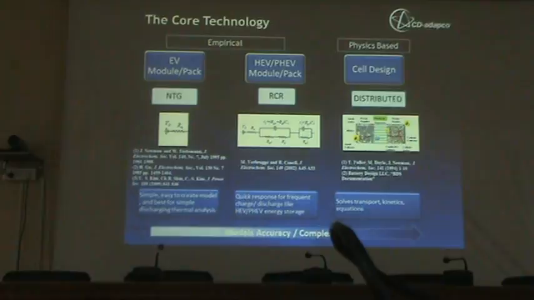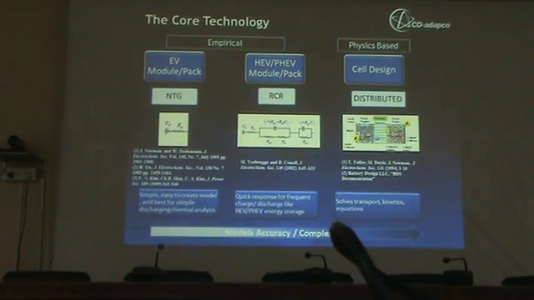Let's say you do not have all the properties of that particular cell, which is generally the case unless you are a cell manufacturer. A few of our clients are manufacturers, and a few, like Mahindra, just get the batteries from somewhere else. They do not have any idea about the properties of the cells. They only have some test data which the supplier provides, which is generally the case in the battery industry.